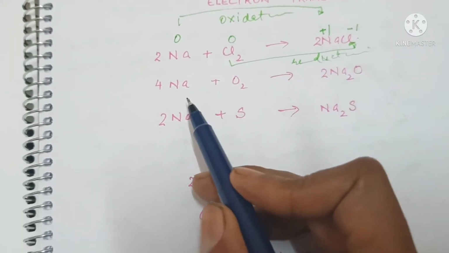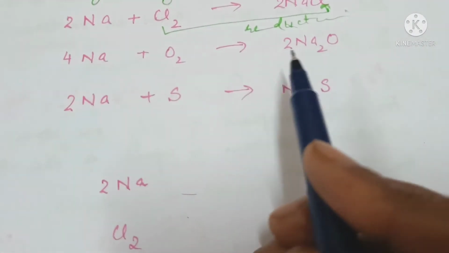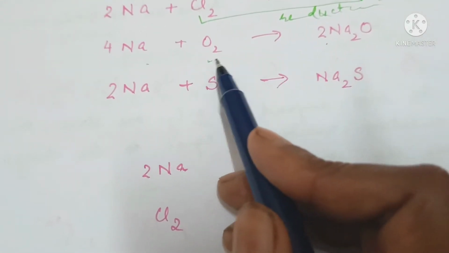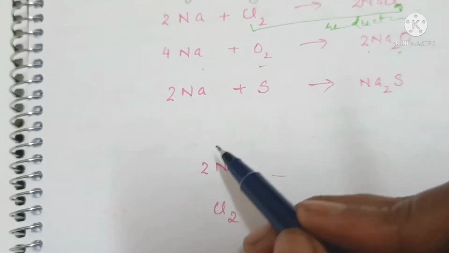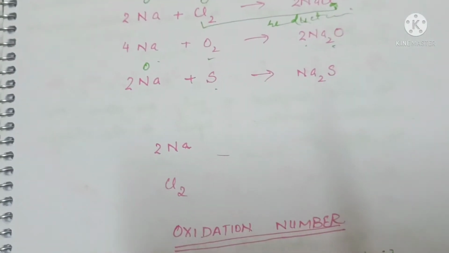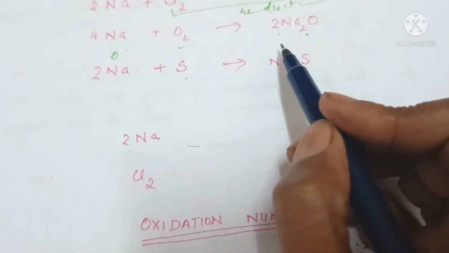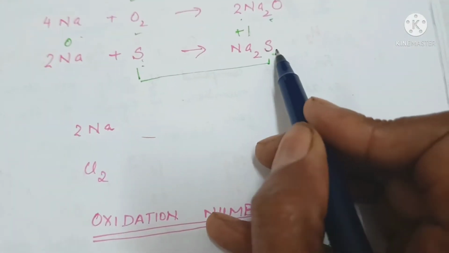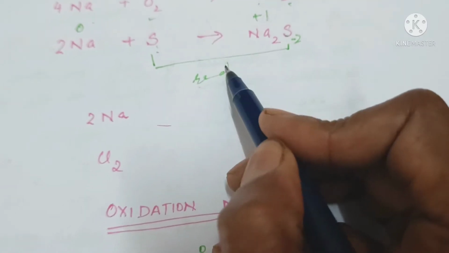Similarly, when sodium and oxygen combine, they form sodium oxide. Sodium is oxidized and oxygen is reduced. Then when it combines with sulfur, sodium gets oxidized to +1 oxidation state and sulfur goes to -2, so there is gain of electrons.